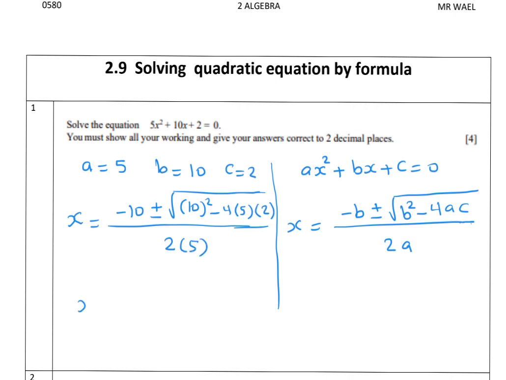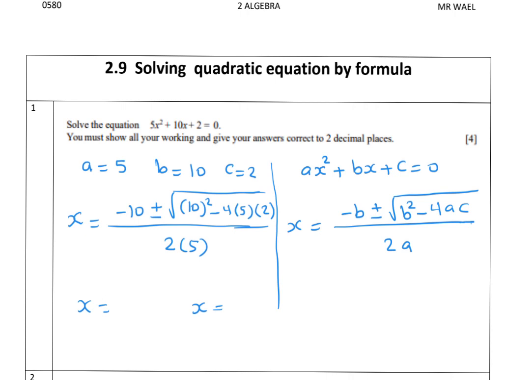Then you have two values for x, x1 and x2. How to find these values? After writing a, b and c, it's better to write the formula itself. Then you can use the calculator to find the answer.